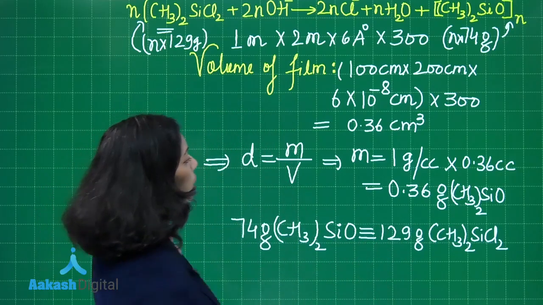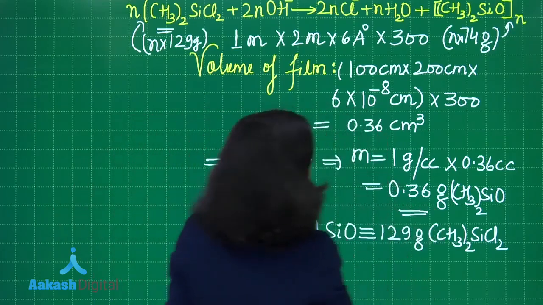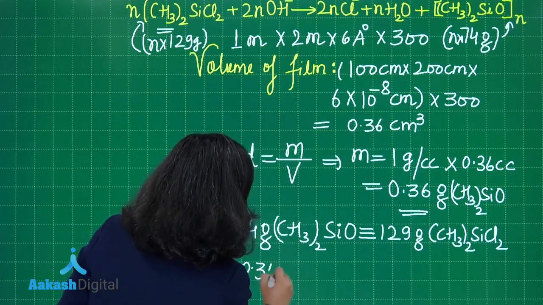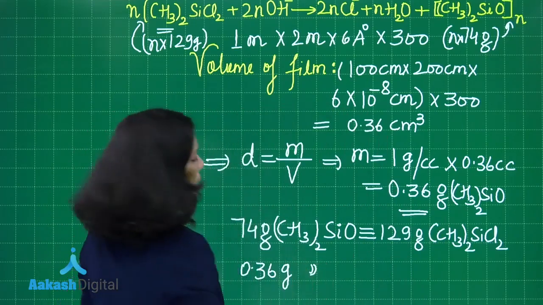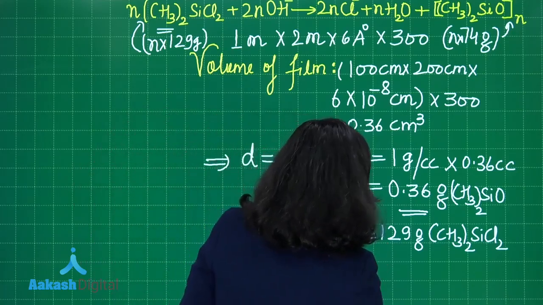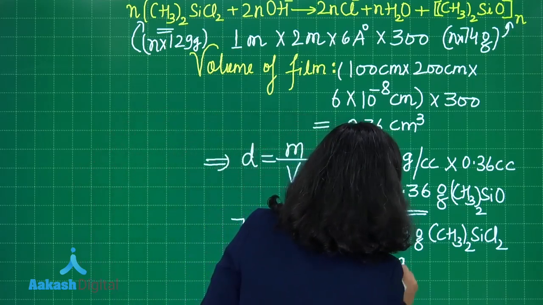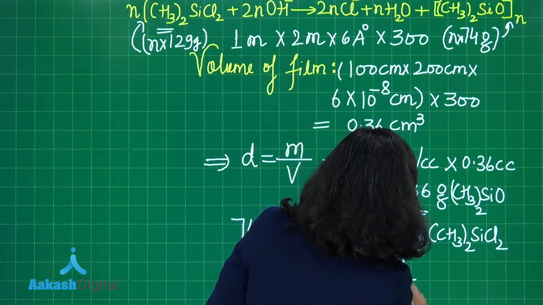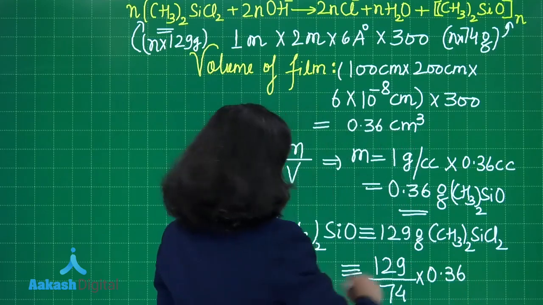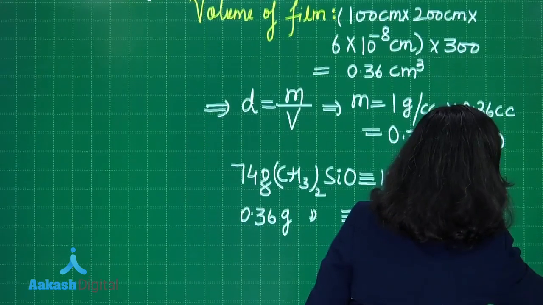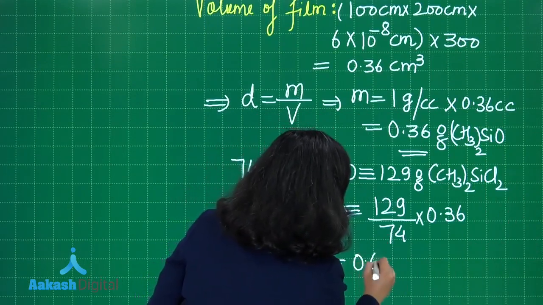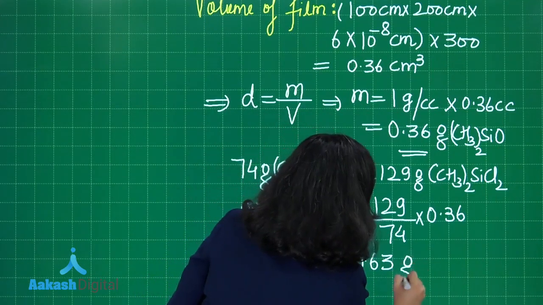Now how much amount we need to prepare? 0.36 gram only. So 0.36 gram of dimethyl silicon oxide would be produced by 129 divided by 74 into 0.36, right? Just solve this for your answer, and definitely the answer that comes out to be 0.63 gram.